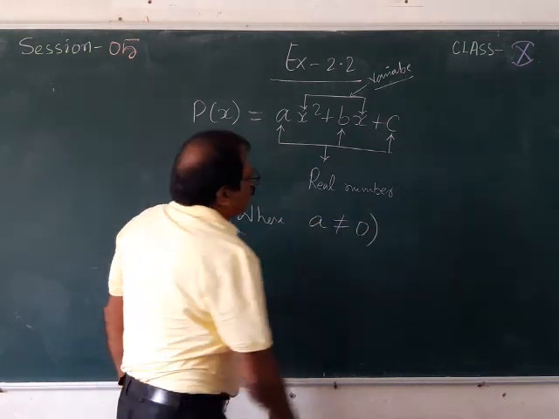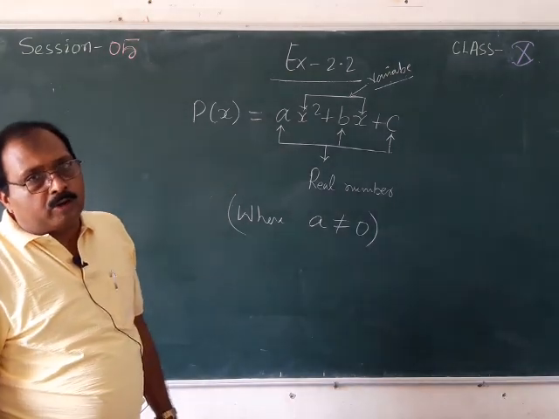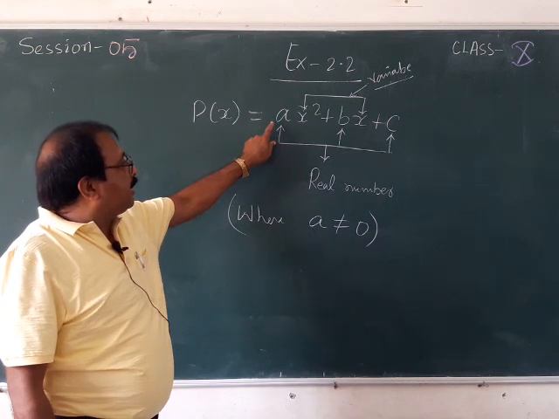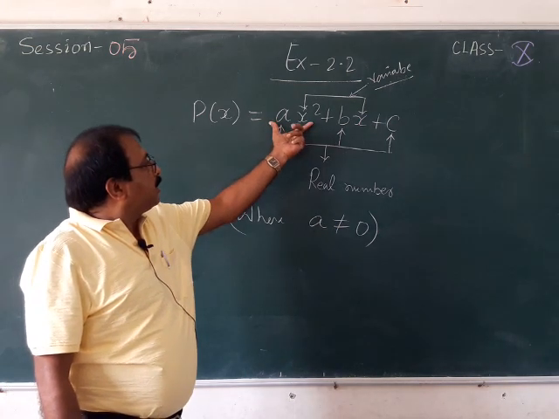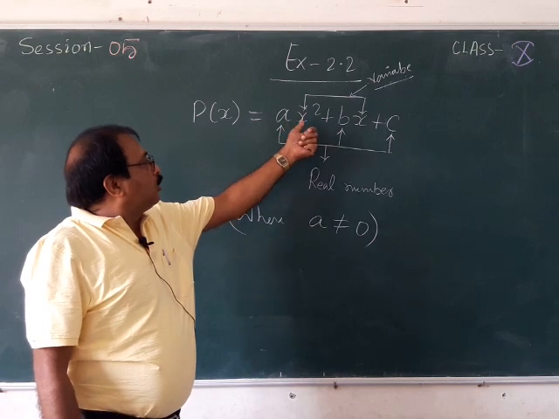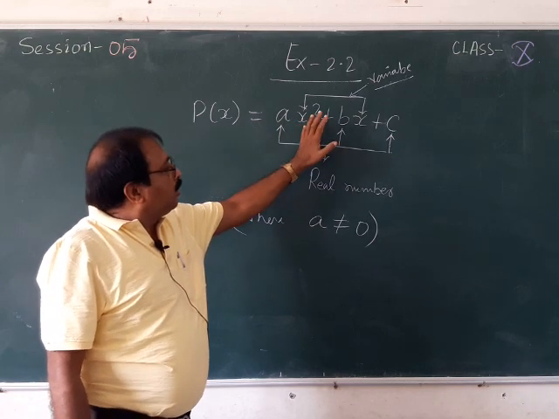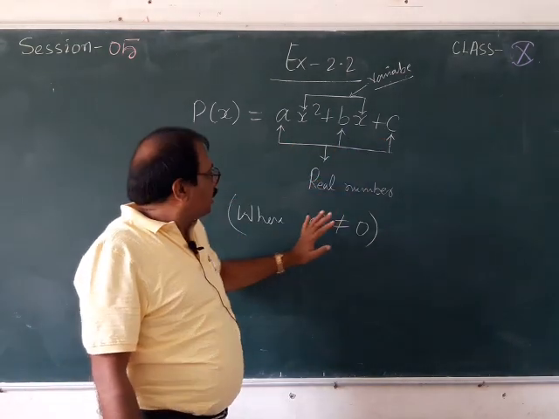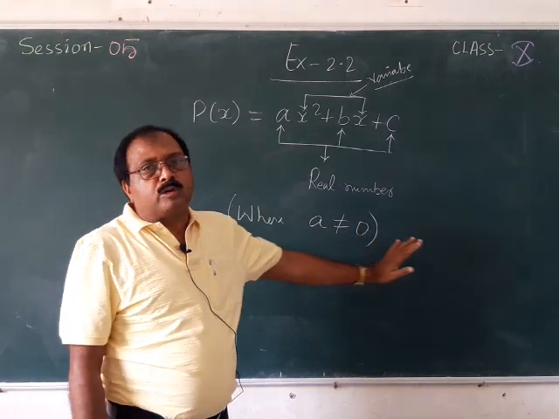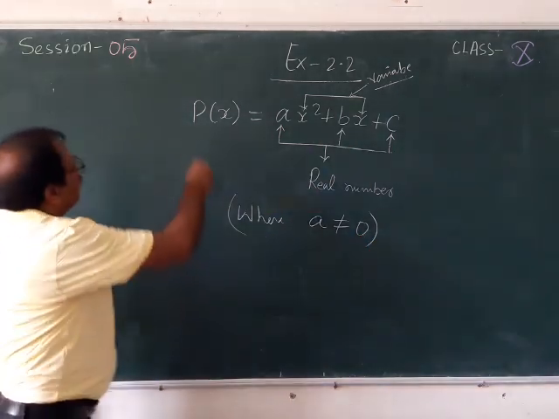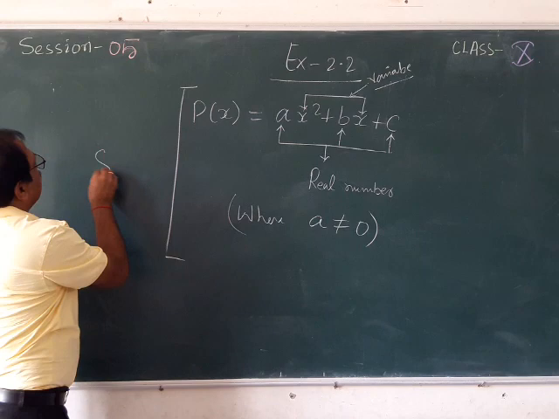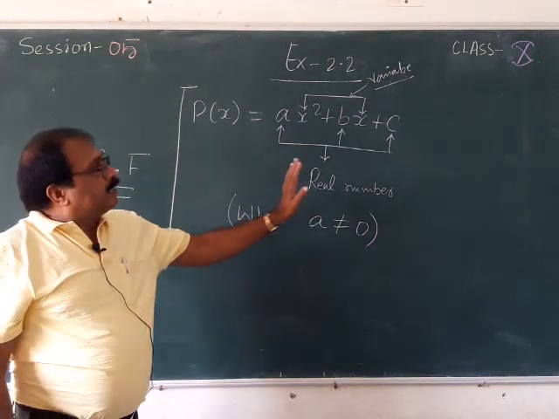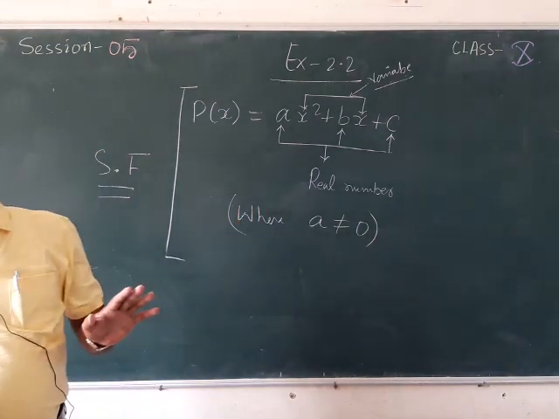It is a very important condition for a quadratic polynomial, because if you write the value of a as 0, then the entire 0 into x square becomes 0. Then you will not have a quadratic polynomial, you will have a linear polynomial. So it is told that a should not be equal to 0. This is the standard form of a quadratic polynomial. So note it down and keep it in your mind for doing the other work.